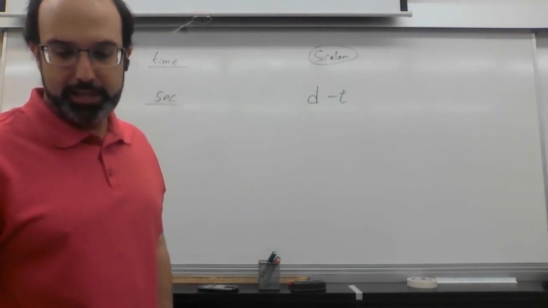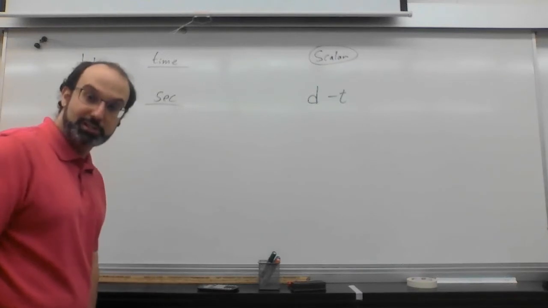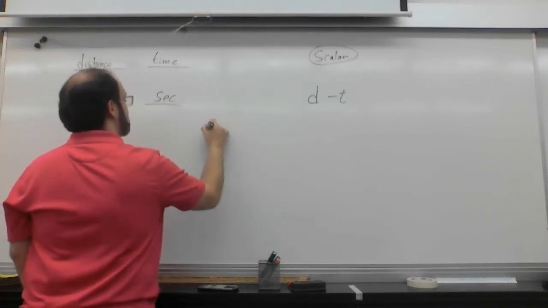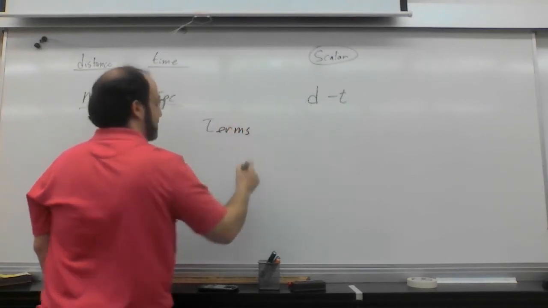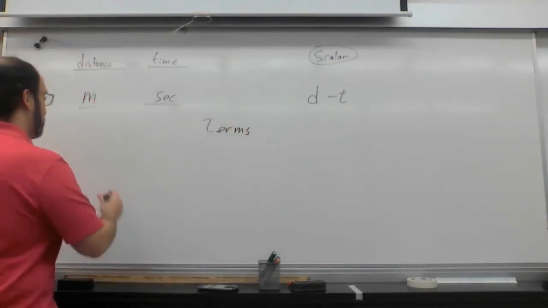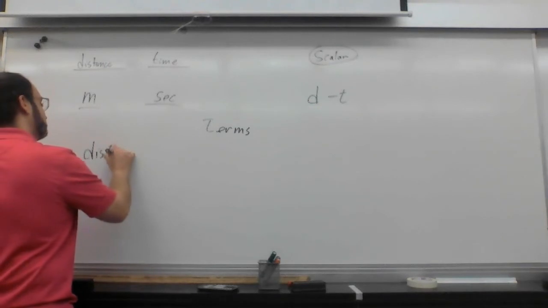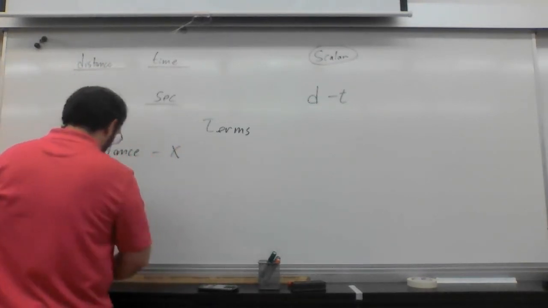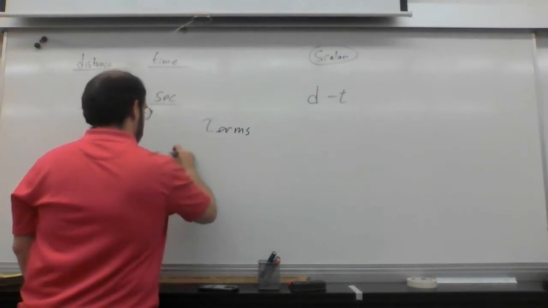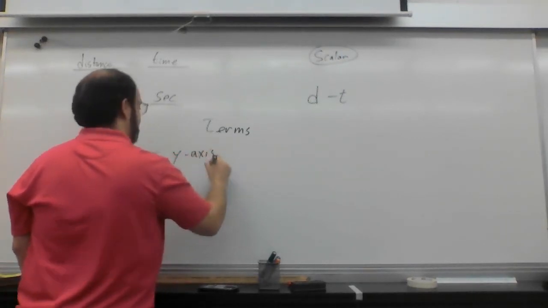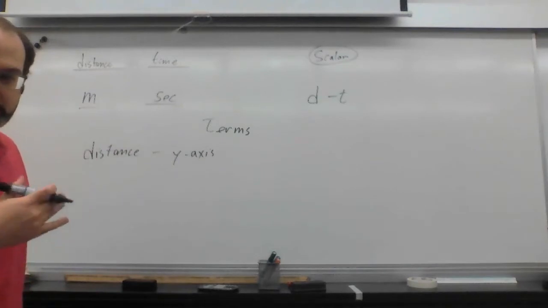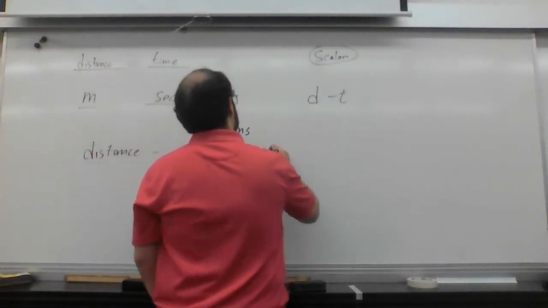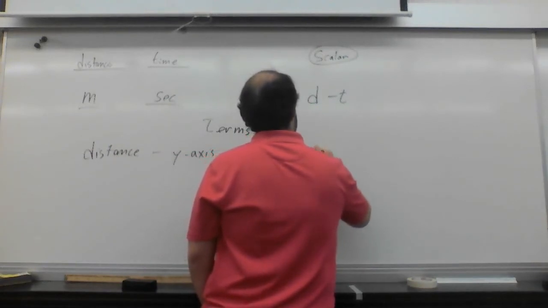So, the terms, as it says in the box, this is the information we can collect from the graph. The distance is one of the things you can get, and you get that from the y-axis. Whatever number you read off the y-axis, there's your answer. Time is the next one; you get that from the x-axis.